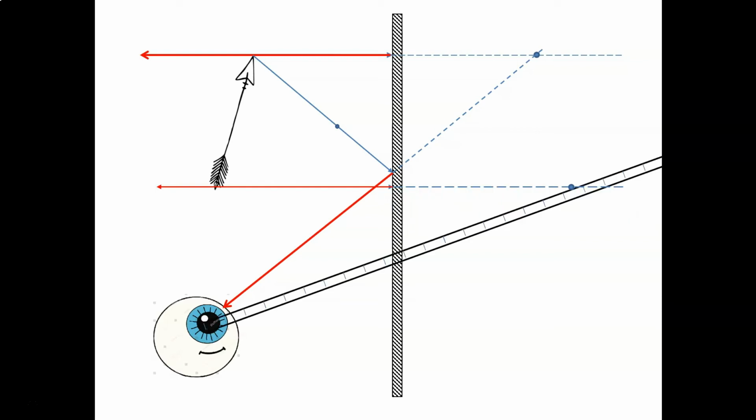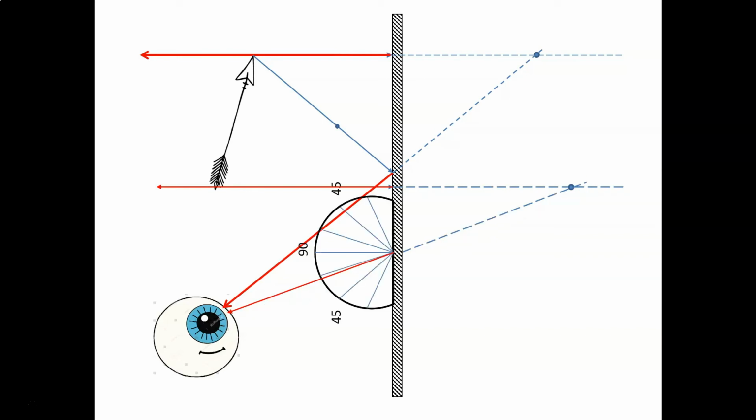We'll add a ray as if it came from this point on the image. We'll extend it as a dotted line because it's a virtual ray behind the mirror. We'll add our normal, measure our angle of reflection, then add our angle of incidence, and then add our incident ray.